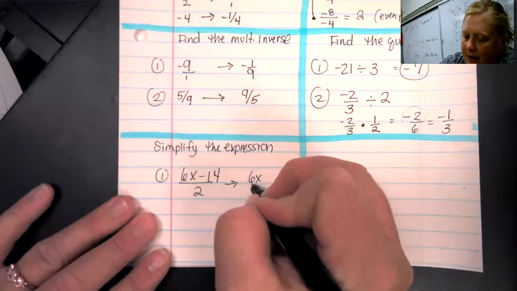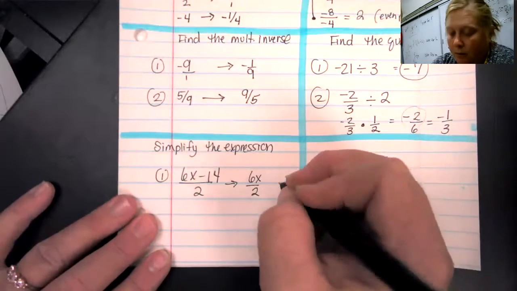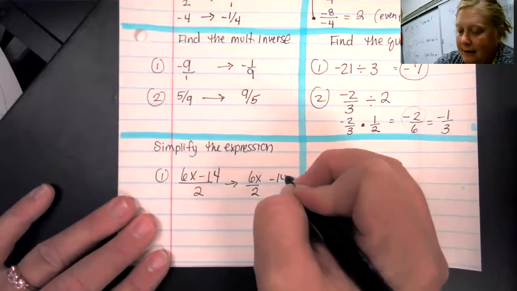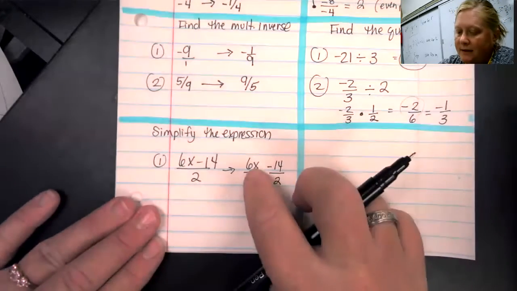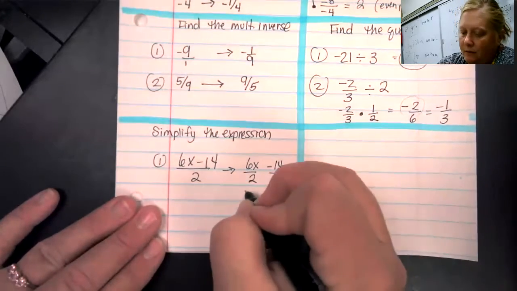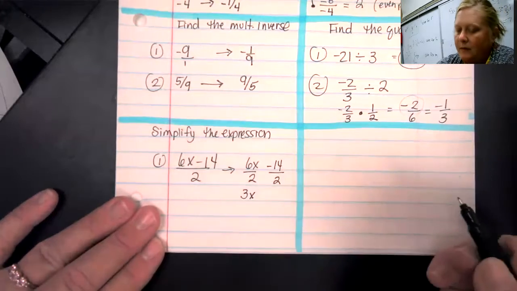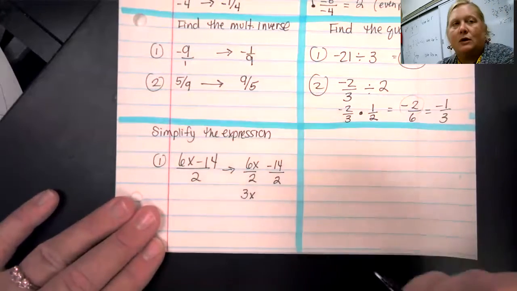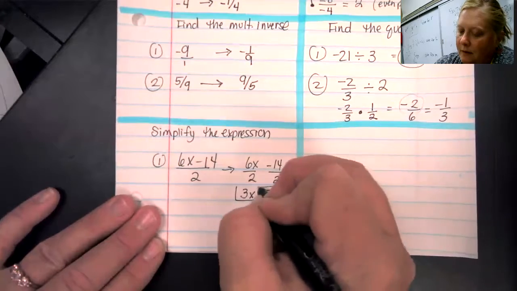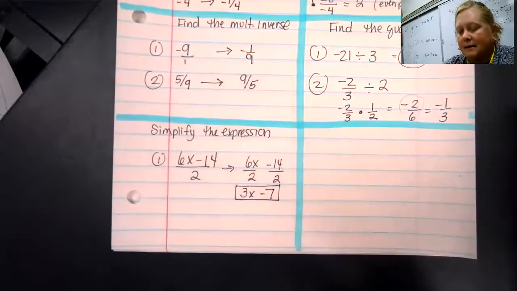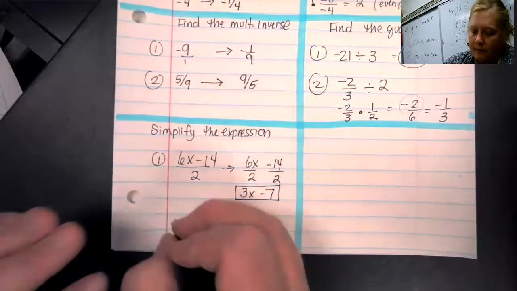Take each term, which is something we did last time, and divide it over that 2. So what is 6 divided by 2? Well, that's 3. And what's negative 14 divided by 2? Well, that's a negative 7. Do you see how separating it doesn't make it so bad?